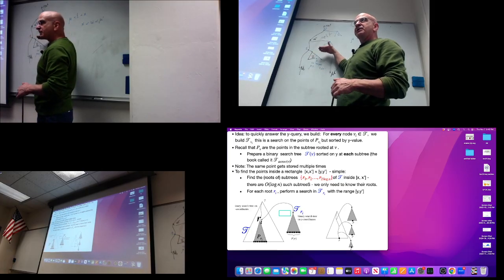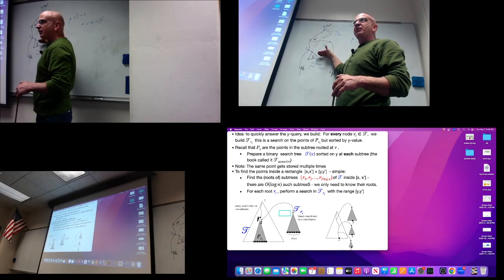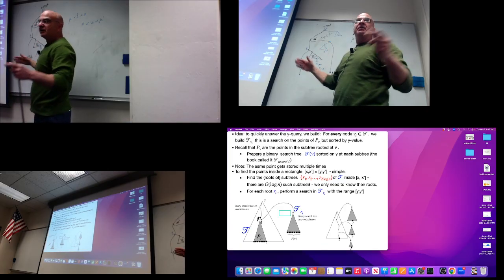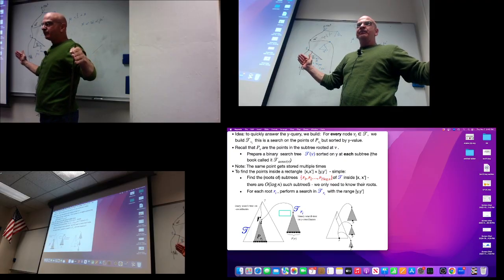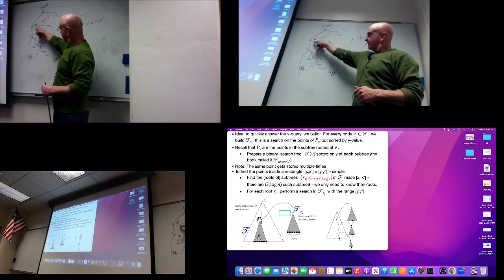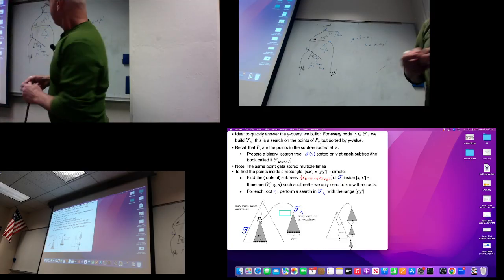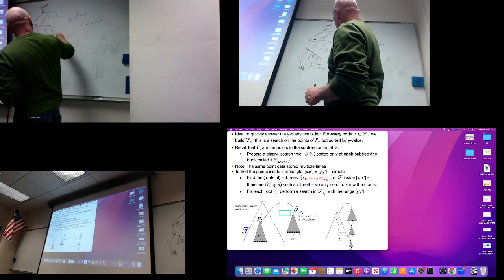That is, I'm going to the main tree, which contains all my points sorted by x, querying the main tree thinking only about the x value. All they have are their x value. Do a search in the main tree and find the three paths that we saw earlier. We call them pi1, pi2 and pi3.